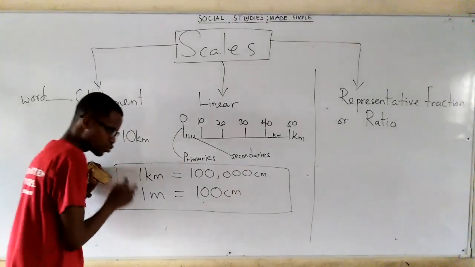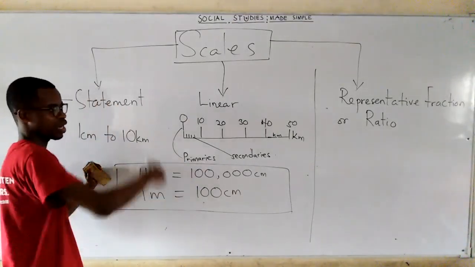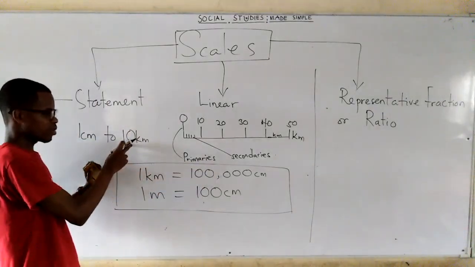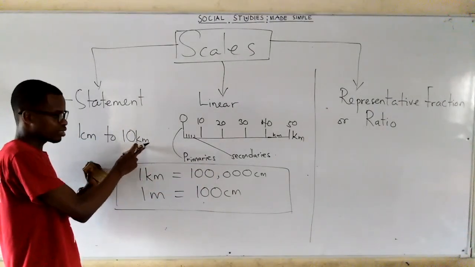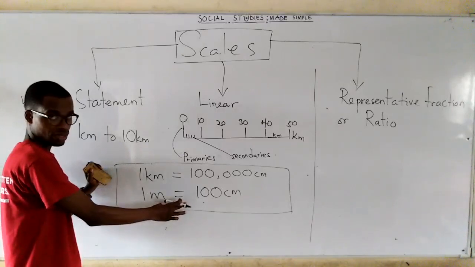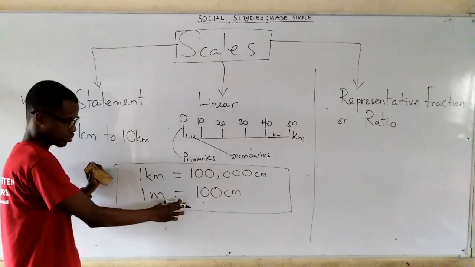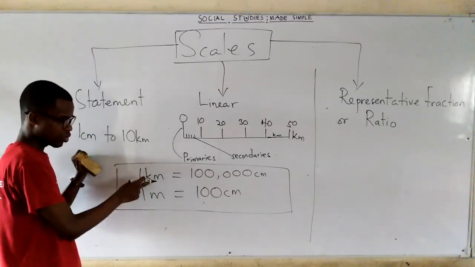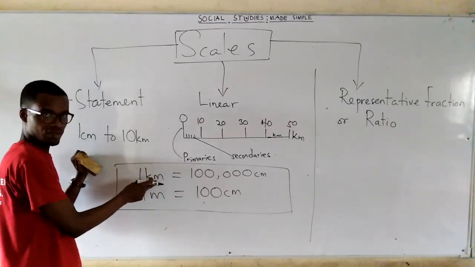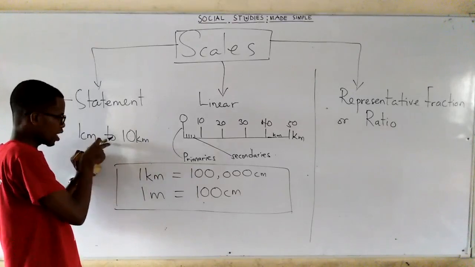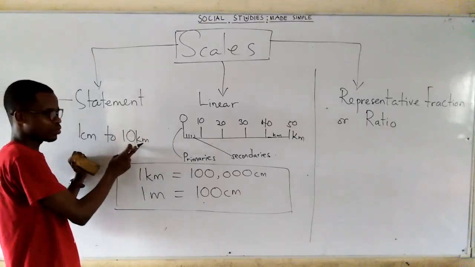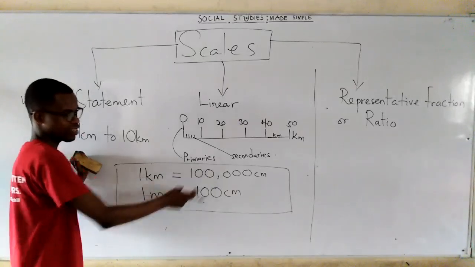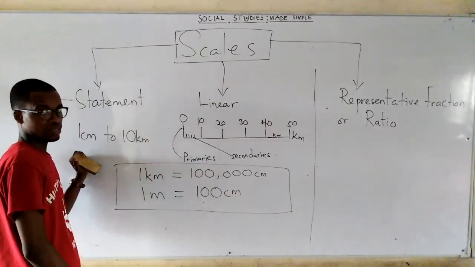If you know these two, you can always convert the scale. So when the actual distance or the ground distance is in meters, you use this one. When the actual distance is in kilometers, you use this. Just like this. So right now we have this one in kilometers. So we have to convert it into this and get the ground distance for our denominator.